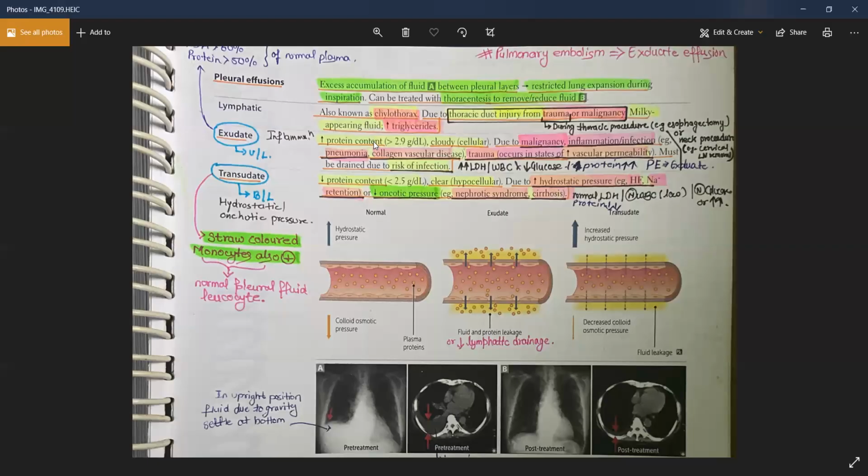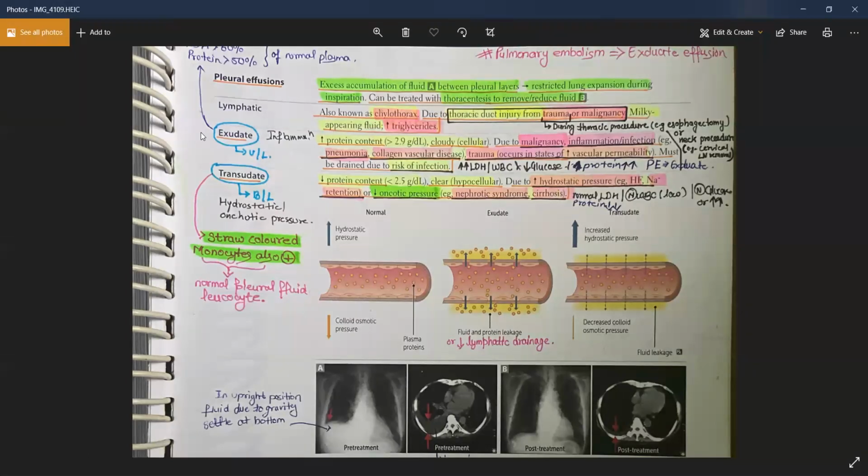So these bacteria can even infect this exudate, and now this exudate is known as the empyema. So initially you have the exudate, the parapneumonic effusion, which is sterile, non-contaminated.